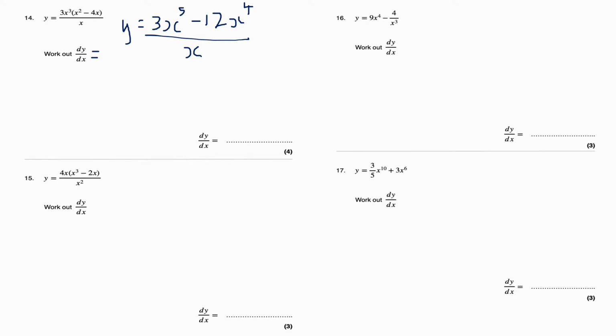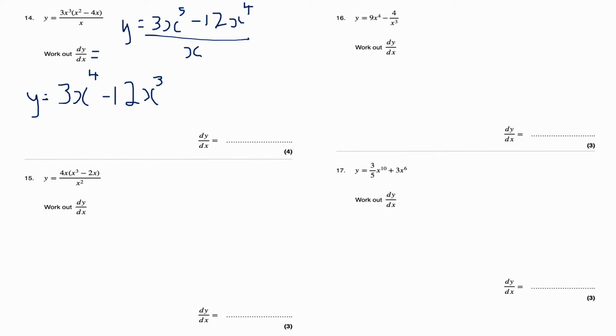It doesn't actually matter because I can divide everything through by x. So I get y is equal to 3x to the 4 take away 12x cubed, because everything has a factor of x, so dividing top and bottom by x, or x to the power of 1, gets rid of that fraction.